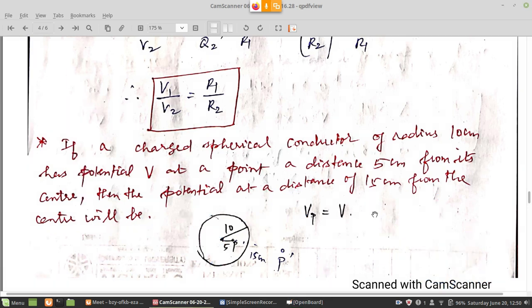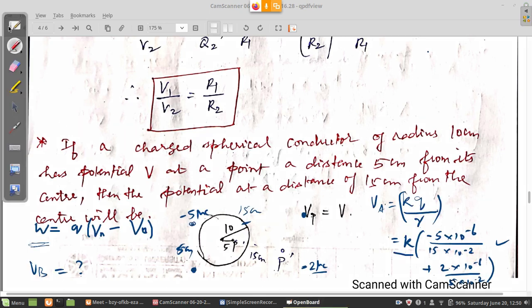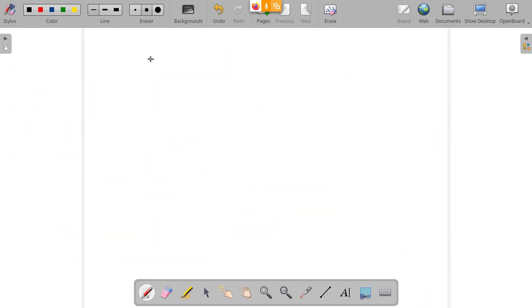Vp prime is 2 by 3 V, or 3 by 2 V, or 4 by 3 V, or 3 by 4 V. These are the four choices.